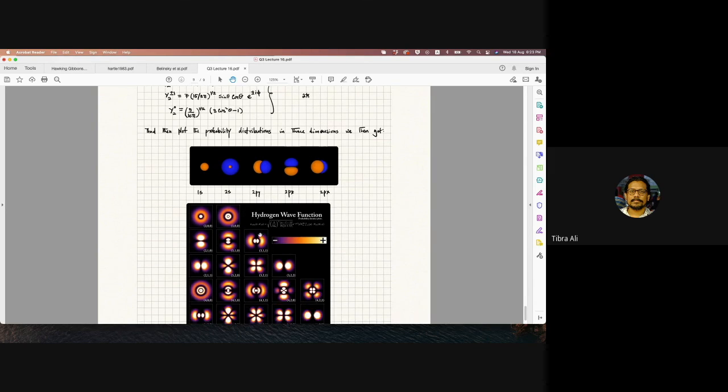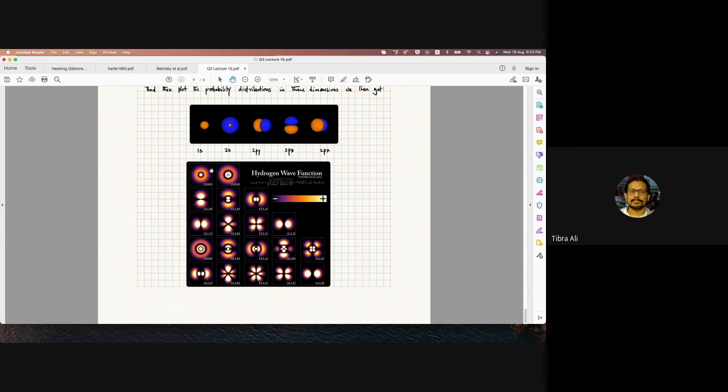And if you take a cross-section of this, then this is what you get. And whenever you have L equals 0, you see that it has spherical symmetry, okay? But when you don't have L equals 0, we'll have interesting patterns in terms of theta. So this is basically what the probability density looks like around the hydrogen atom.